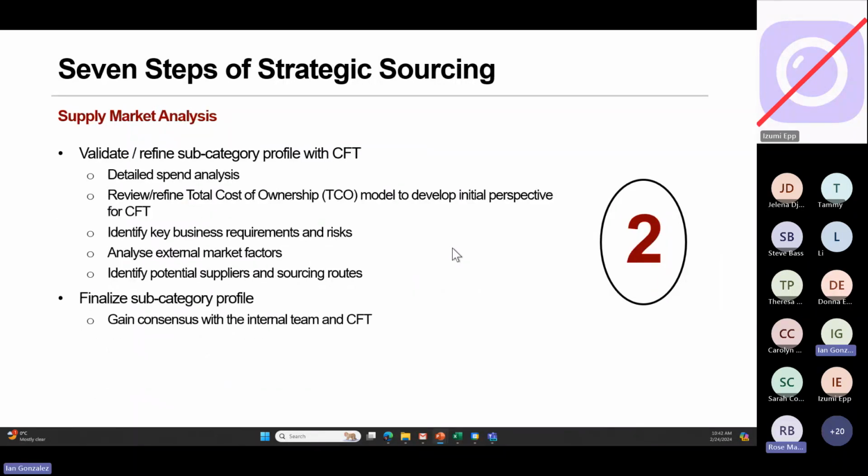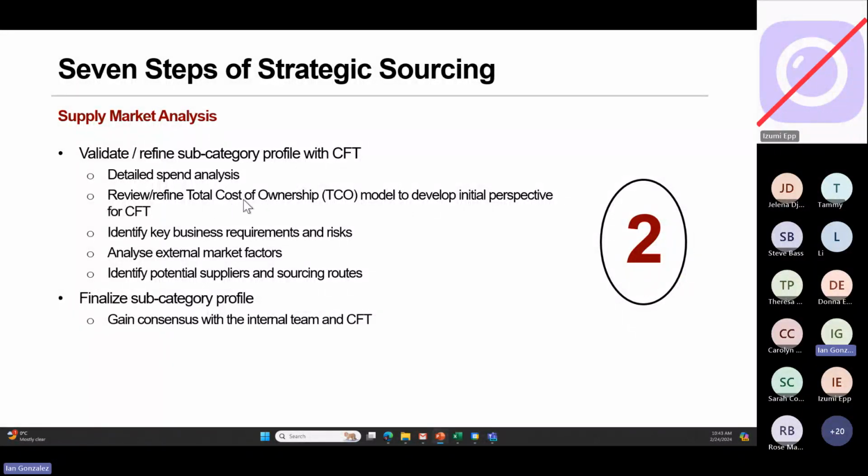Step 2, supply market analysis. So now that you have your CFT, you validate your subcategory profile with them. Okay, subcategory profile is essentially what you have, what the business needs, and how you want to make sure that they get what they need. Okay, so there could also be a spend analysis, this time with your CFT. All right, you now review and refine your TCO, your total cost of ownership models, to develop an initial perspective for the CFT.